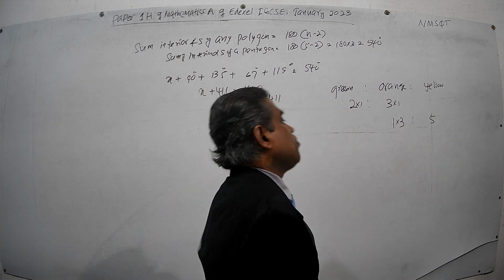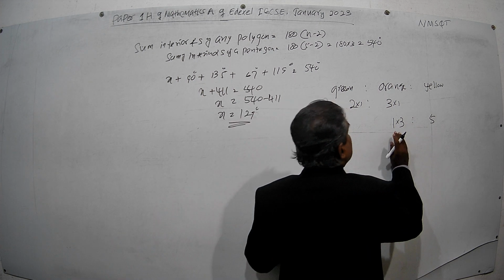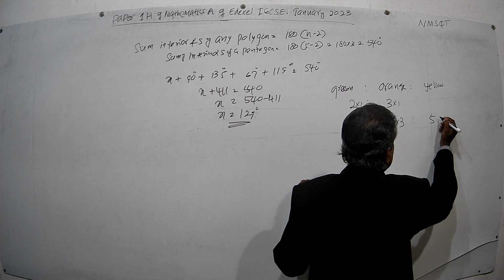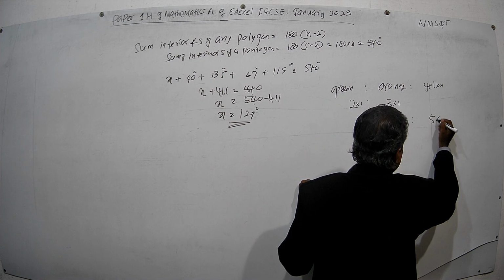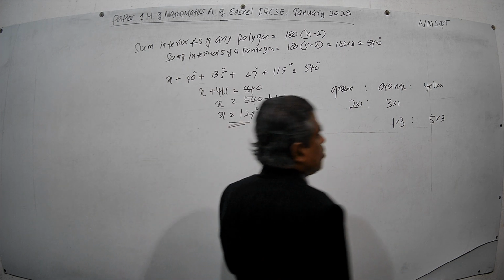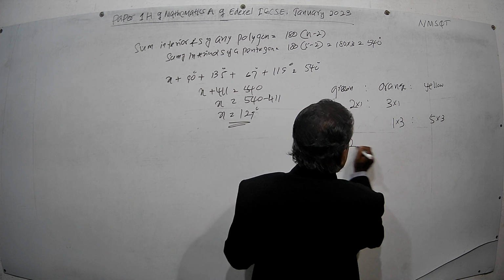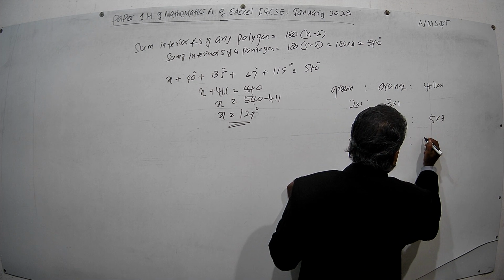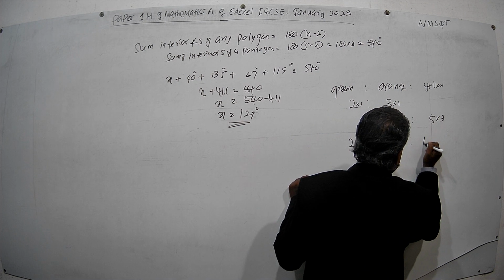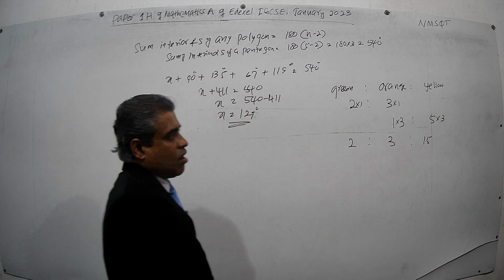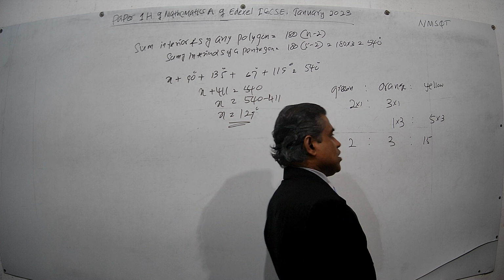When 1 is multiplied by 3, the other value of that ratio, that is 5, should also be multiplied by 3. Then you write the common ratio like this: 2 times 1 is 2, 3 times 1 is 3, 5 times 3 is 15.